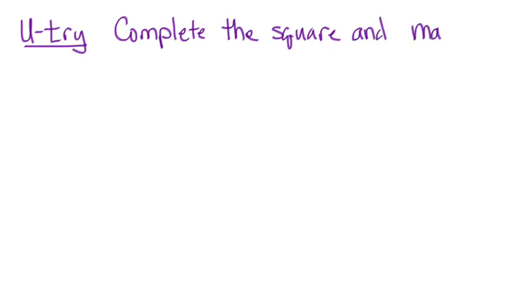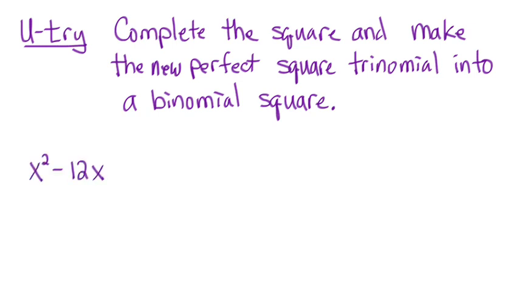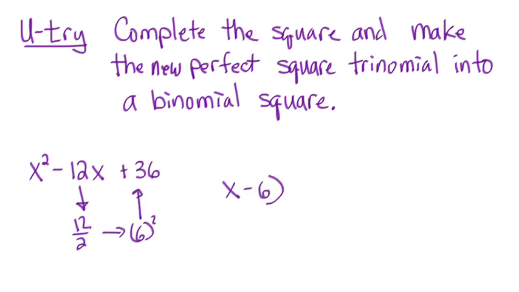You're going to complete the square and then make the new perfect square trinomial into a binomial square or identical twins. Okay, let's see how you did. So negative 12 in half is negative 6. And 6 squared is 36, right? So we don't have to write them in, but we need to remember this is a negative and this is a negative. So we don't forget that this is negative.